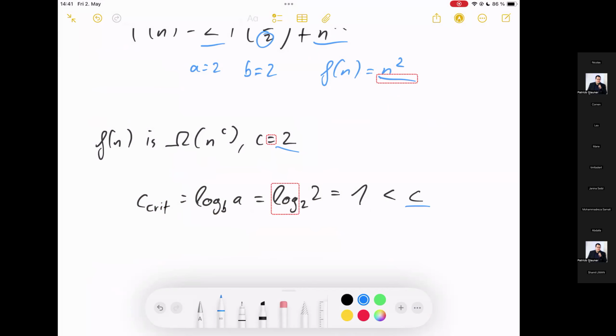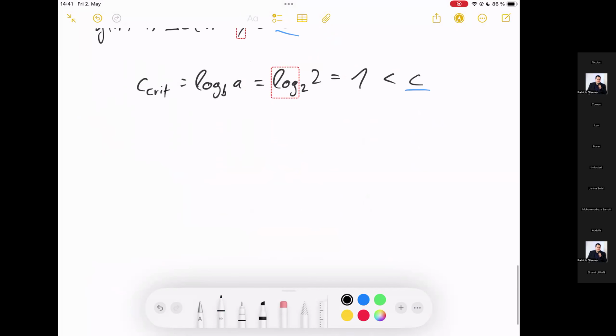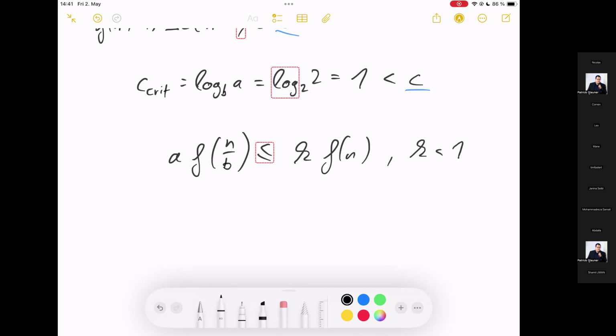Now we still need this one more condition to hold true, and this condition was that a times f of n divided by b must be less than or equal to k times f of n, where k is less than 1.